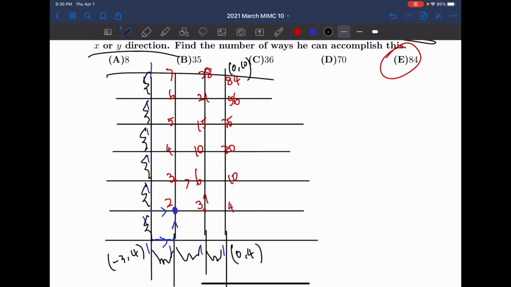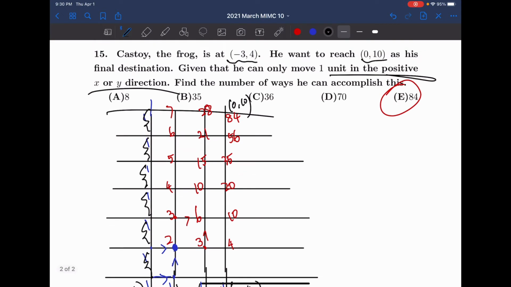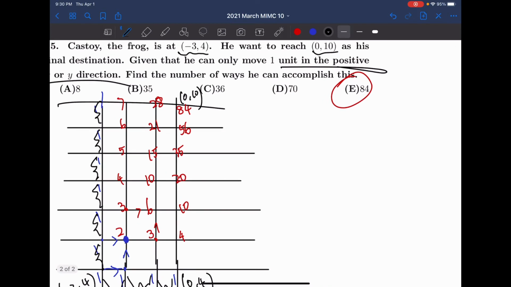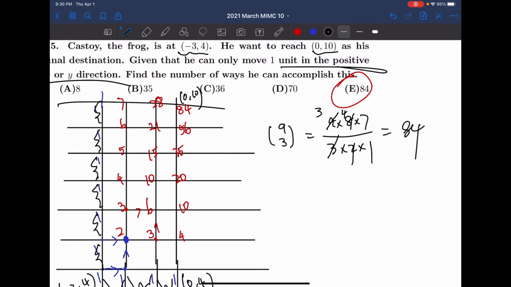Therefore, in the 9 steps he has to take to go to 0, 10, there are 3 steps that he's going to the right. So the total number of ways would just be 9 choose 3, or 9 times 8 times 7 over 3 times 2 times 1, or that's 12 times 7, or 84.